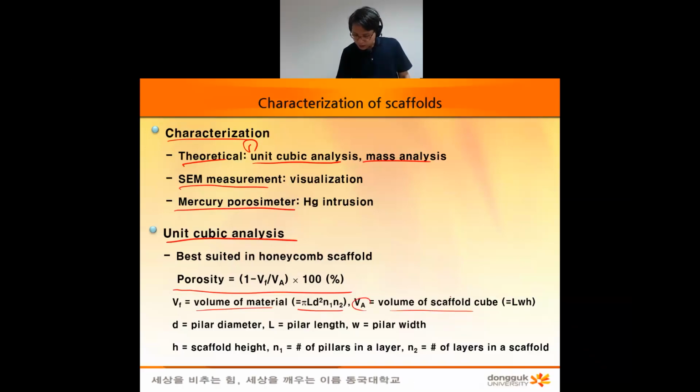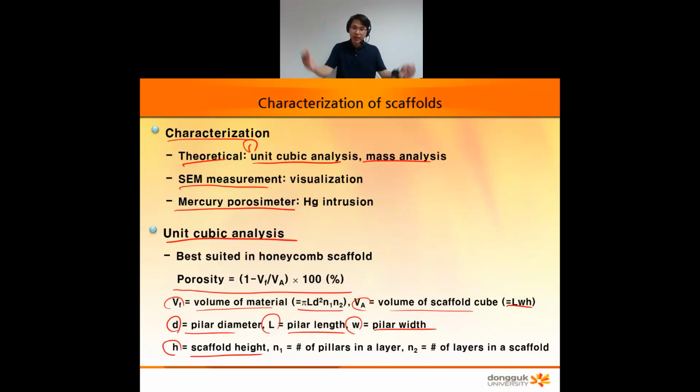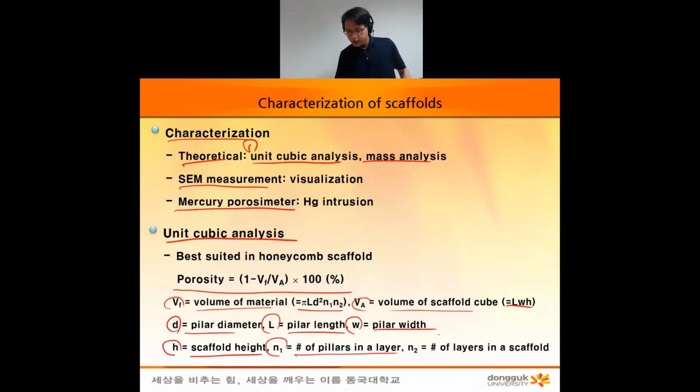And here, the volume VA and VF are calculated in this equation, where D means the diameter of the pillar, L is the length of the pillar, W is the width of pillar, H is scaffold height, the macro size scaffold height, and N1 is number of pillars in a layer, N2 is number of layers in a scaffold.